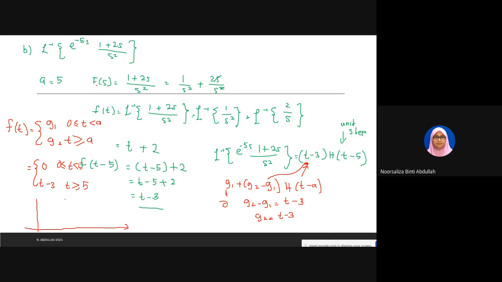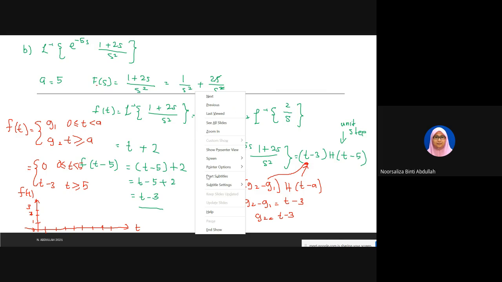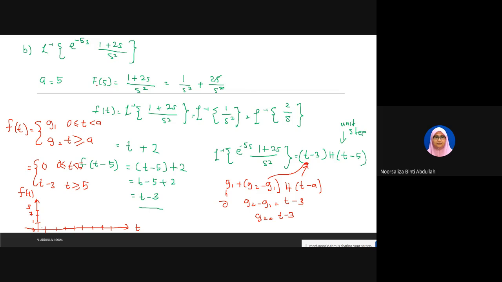Okay, you have until 5. So 1, 2, 3, 4, 5, 6, 7, 8. This one is T, this one is FT. 0, 1, 2, 3. And FT equals to 0 from 0 to 1, 2, 3, 4, 5.